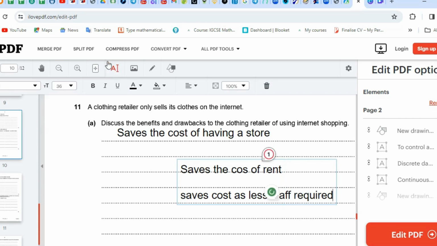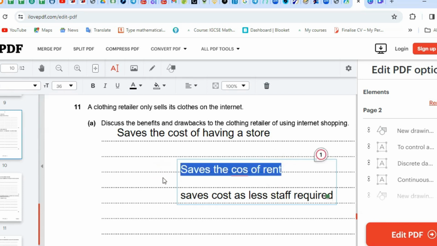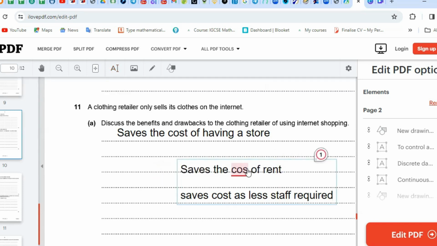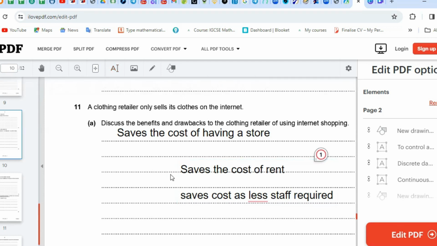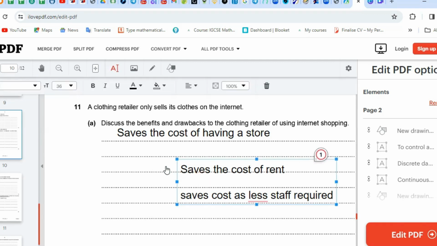So we have other advantages, but I'm going to stop at these 3. Then we look at the disadvantages, or the drawbacks. We look at what are the drawbacks of this.